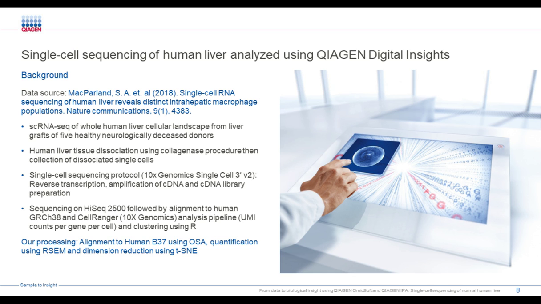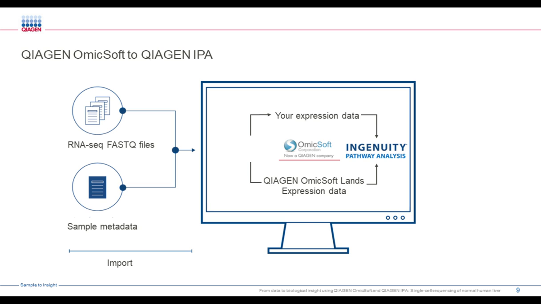Then they sequenced on the HiSeq Illumina 2500 using Cell Ranger for the pipeline. In our case, we used alignment to human B37 using our proprietary aligner, the OmicSoft aligner, quantified using RSEM, and obtained dimension reduction using t-SNE.